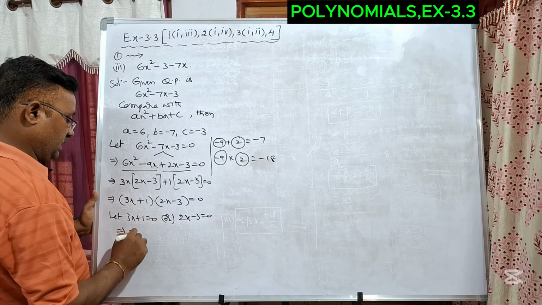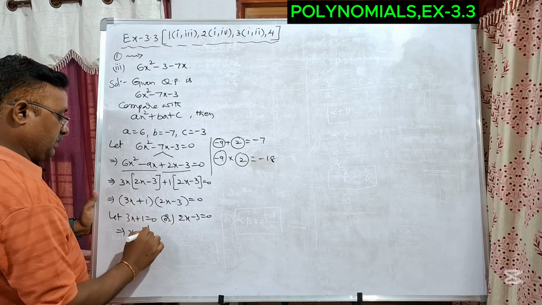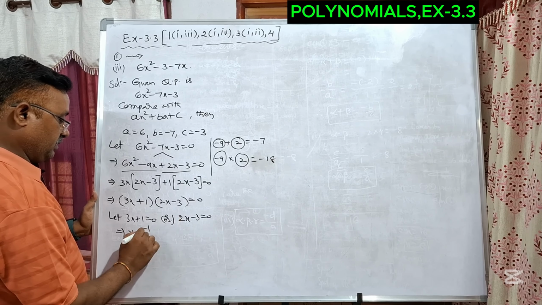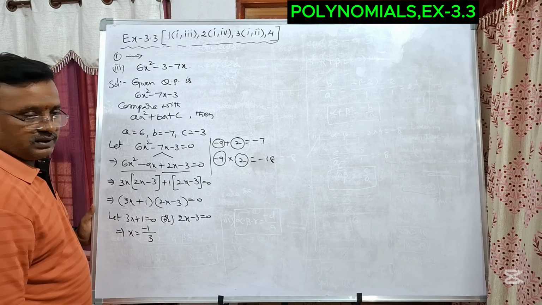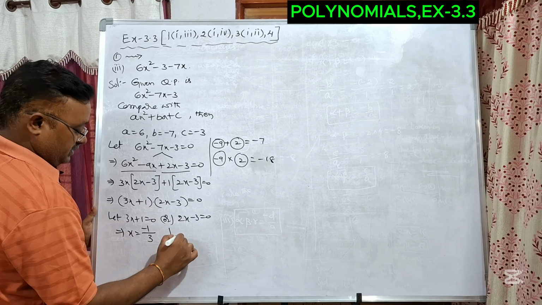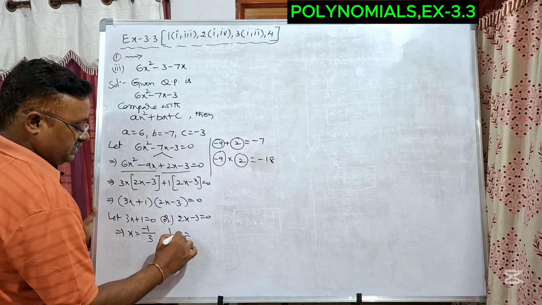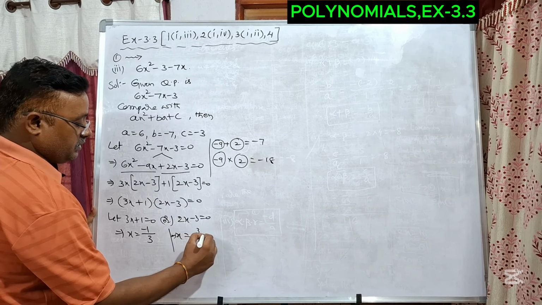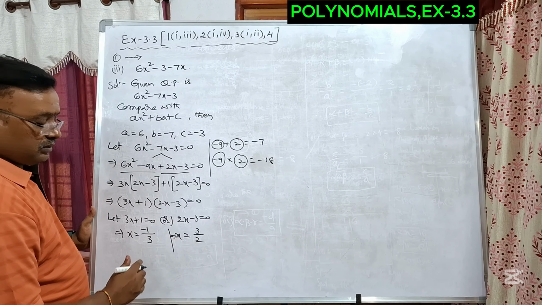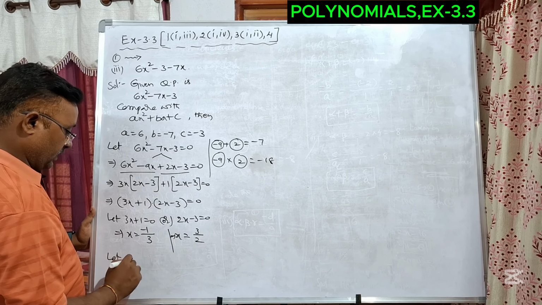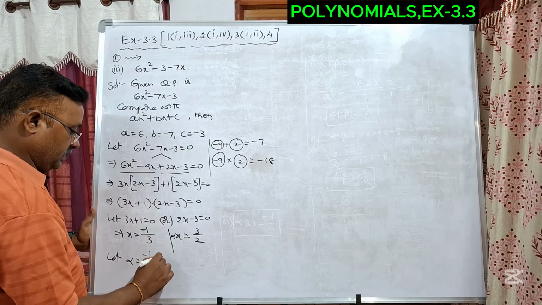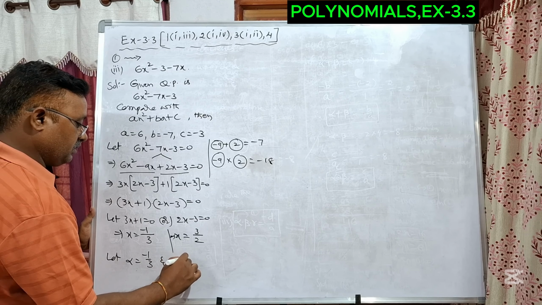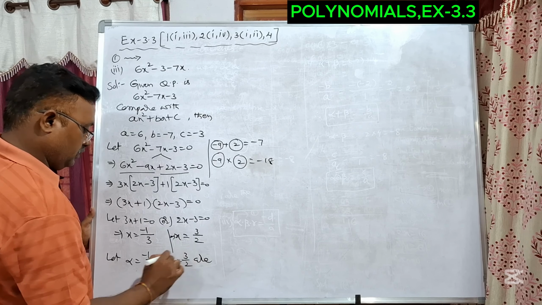This implies x equal to minus 1 by 3. Or from this, x equal to 3 by 2. So let alpha equal to minus 1 by 3 and beta equal to 3 by 2 be the two zeros.